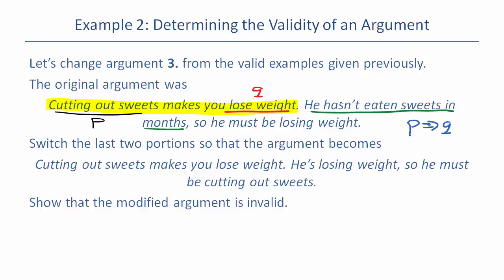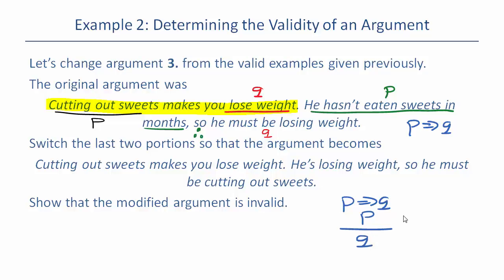Well, not eating sweets is the same thing as cutting out sweets. So that's P. And if we also assume that is true, we're now going to ask ourselves, so, right, can we say, therefore, he must be losing weight? And remember, must be losing weight, that's just Q. So we have, if P implies Q is true, and P is true, does that imply Q must be true?